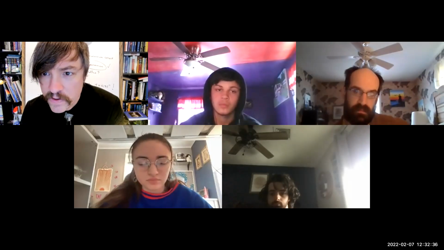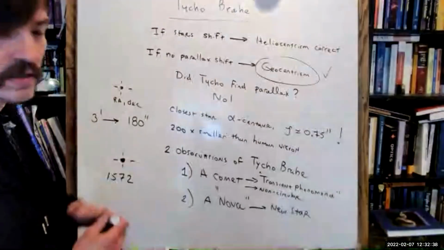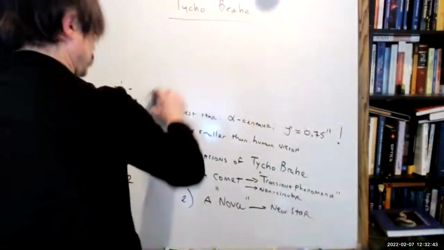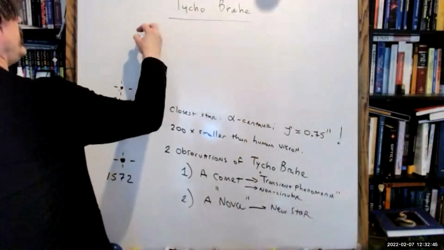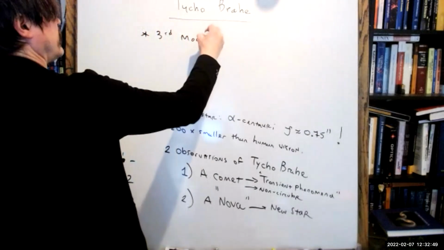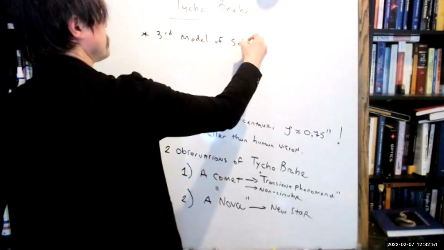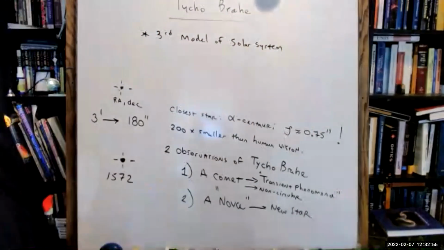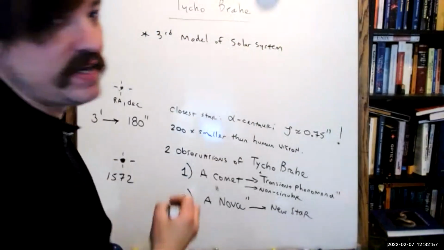All right, so let's make a quick note about this. Tycho Brahe, the last thing we'll say about him is he made a third model of the solar system, which didn't last very long because of what happened next.